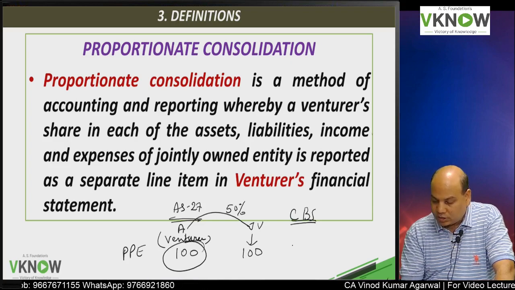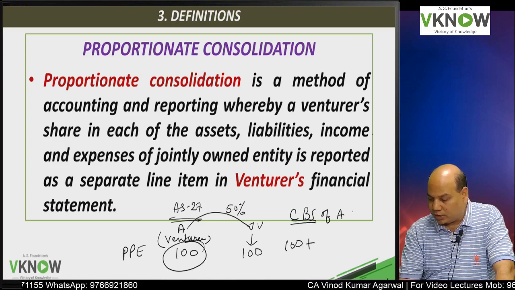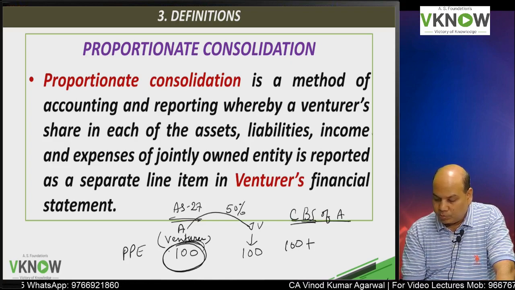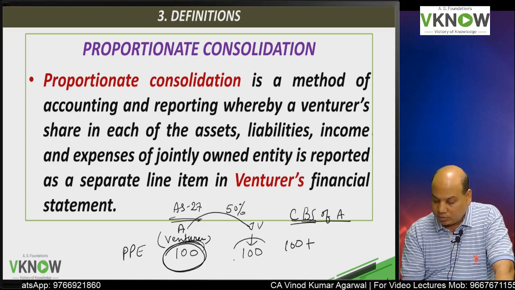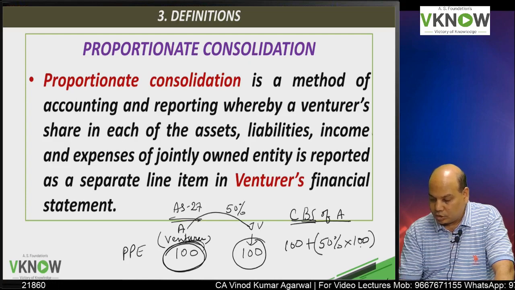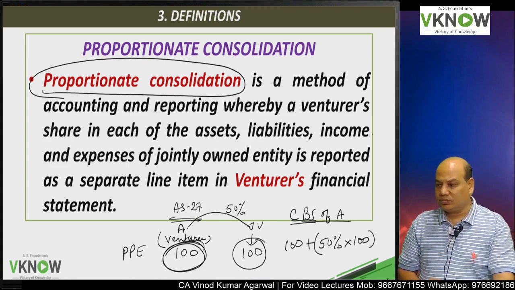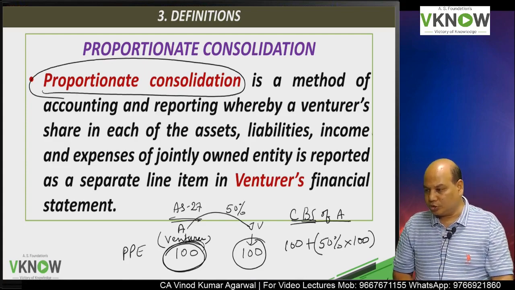In the consolidated balance sheet of A, own PPE will come, of course, but here I am not going to take 100, I am going to take 50% of 100 because I am only a proportionate owner of that joint venture.